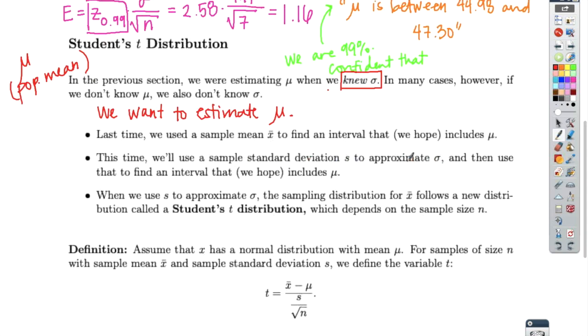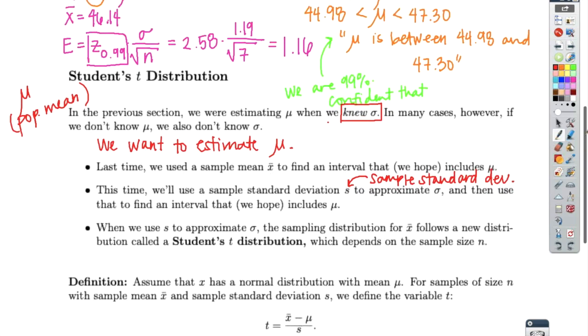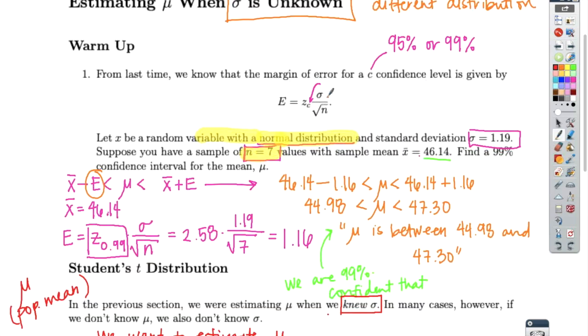So now we're saying, hey, we probably wouldn't know the population standard deviation, but we probably would know the sample standard deviation, and so we'll just use that. Now, the thing about this is, unfortunately, we cannot take this formula and just say, well, we don't know sigma, so let's just use S. It's not quite that easy.